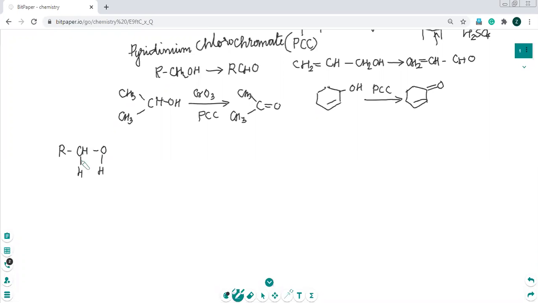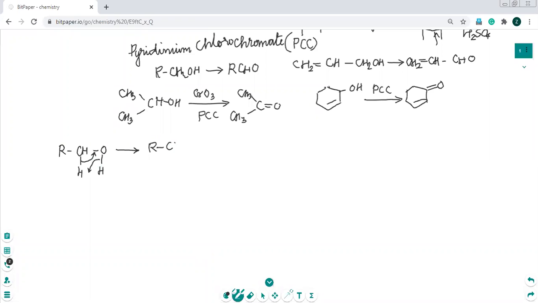You can convert this in a very simple method. This is nothing but oxidation; removal of hydrogen is also an oxidation.